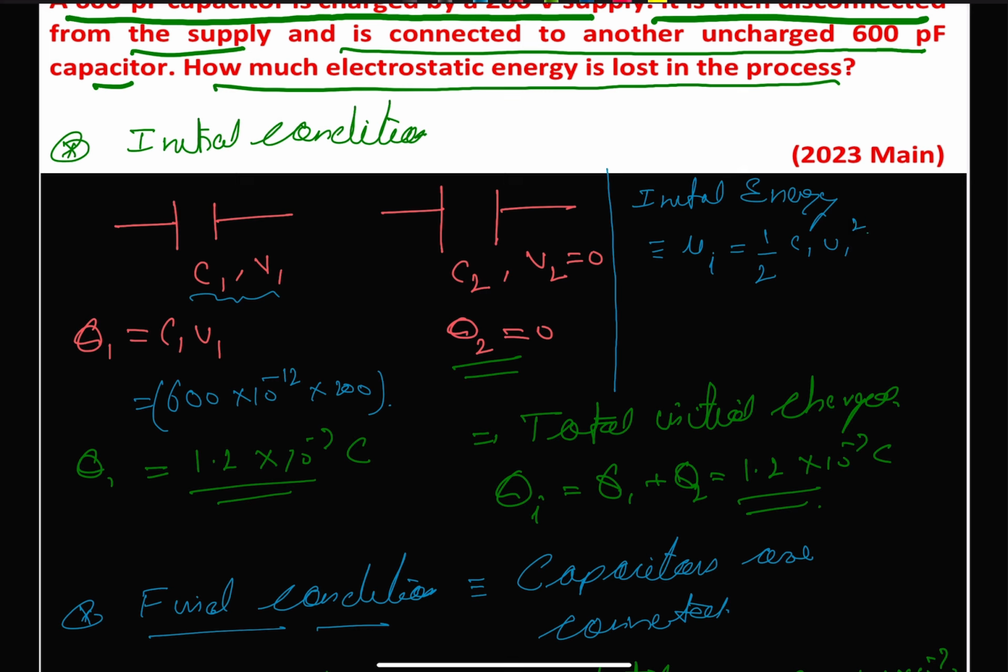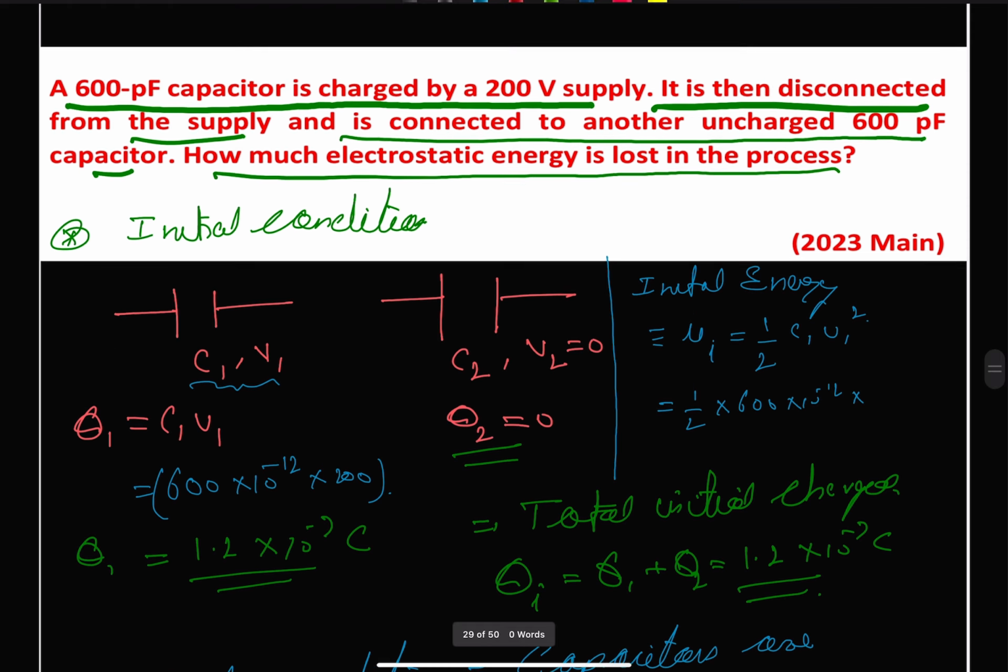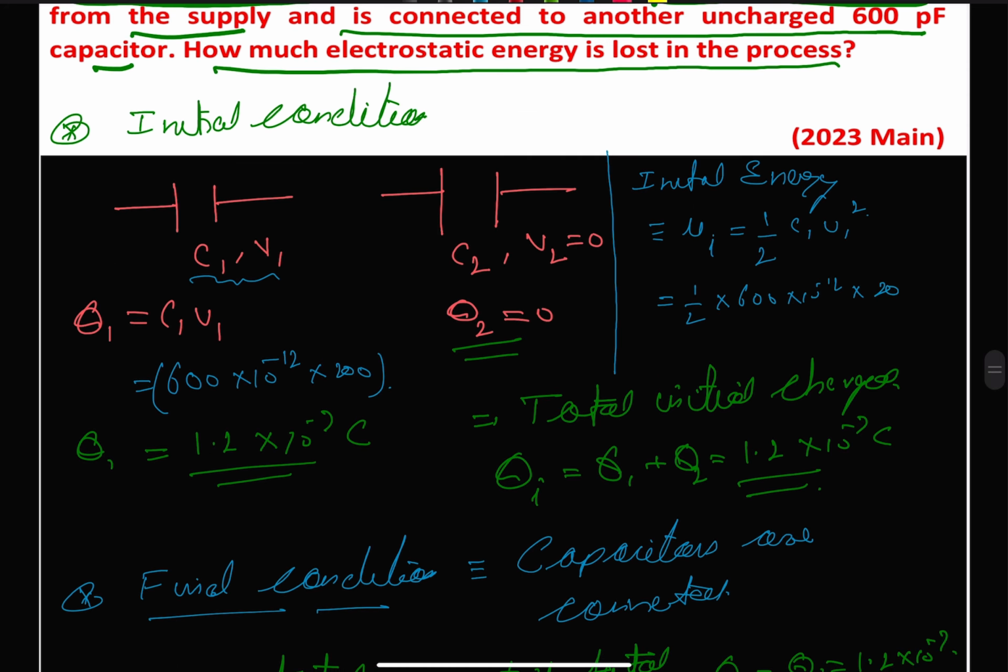So this comes as half, C1 is our 600 into 10 to the power minus 12, V1 is our 200 whole square. So we get U initial will be equal to 12 microjoules.